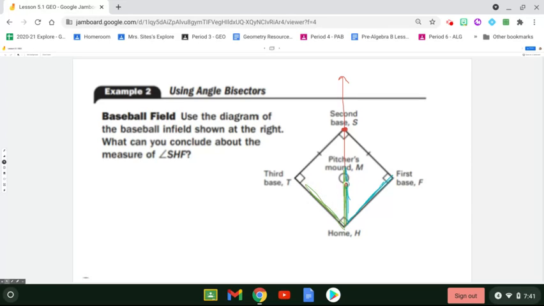All right, this is actually a nice application of the angle bisector theorem. Okay, one thing I know, and I think you guys might know this about baseball too, it's the same distance to get from first base to second base as it is to get from second base to third base. And it's actually marked here in the picture.